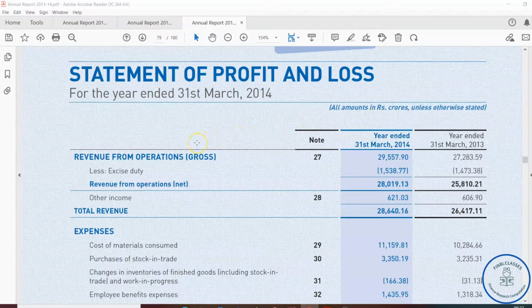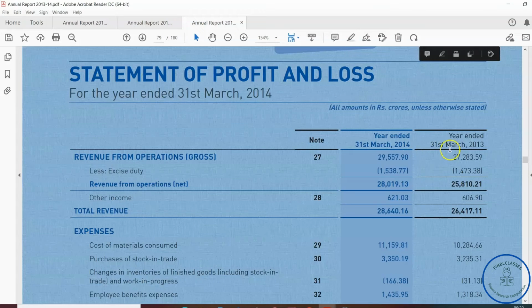Now the first thing that we are going to see is that you find the year ended 31st March 2014, and you find the year ended 31st March 2013. You find that two sides have been given here, right? This is your current year, 31st March 2014, and the right side is your previous year, 31st March 2013.